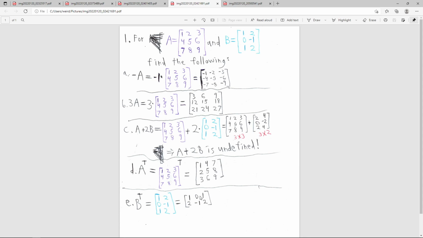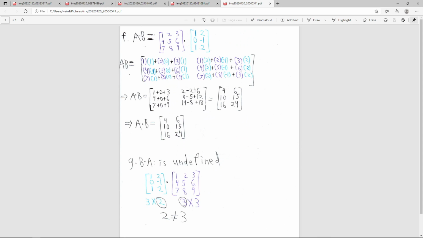Row 0, negative 1 becomes 0, negative 1 downward. 1, 2 becomes 1, 2 downward. That's all you do: row becomes column. That's the easiest way to think of the transpose.